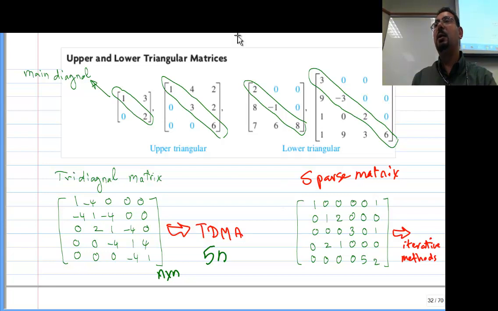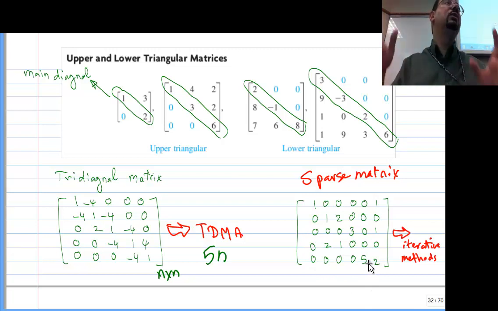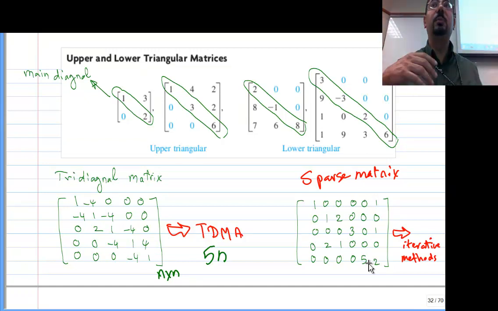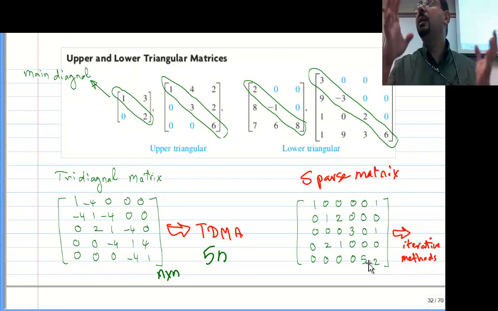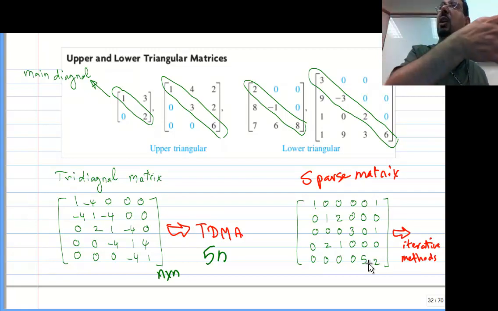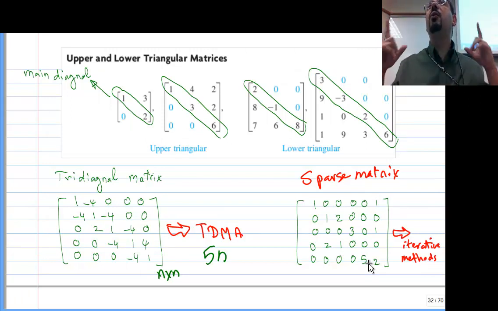And here is another form. It's not diagonal, it's not tri-diagonal, but it has tons of zeros. When we do all those differential equations for heat transfer or fluid mechanics, like simulating the flow around a submarine, or the heat distribution in a piece of hot metal work that you are heating or cooling, the matrix generated from the differential equation becomes full of zeros.